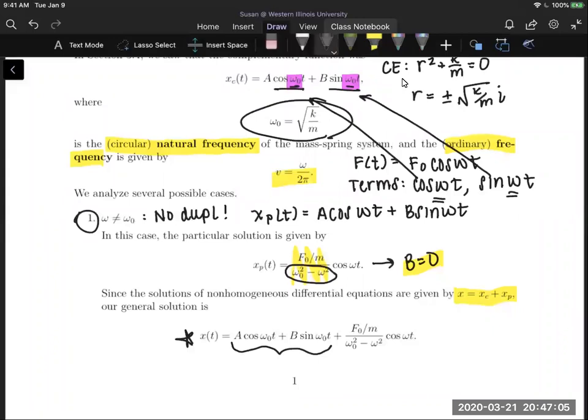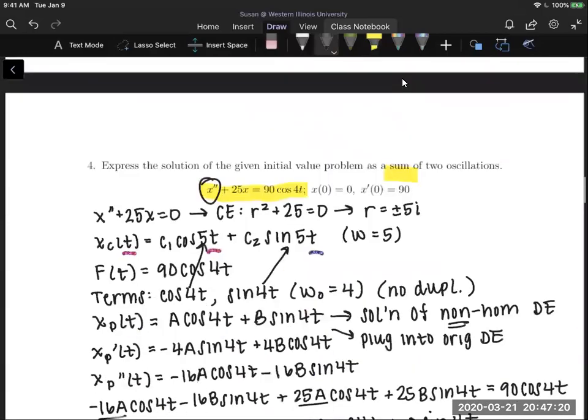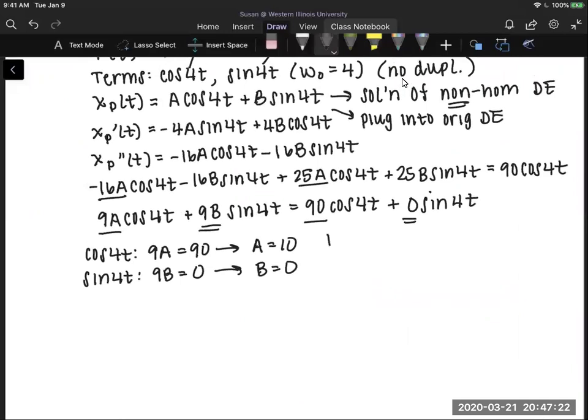Let's see if the coefficient that we just found, which was 10, matches this term: f naught over m, divided by omega naught squared minus omega squared. So let me write that down.